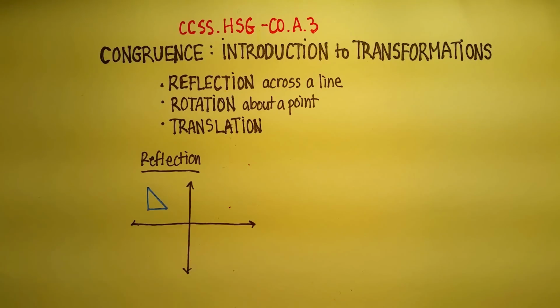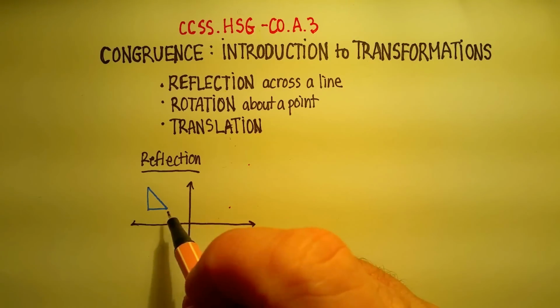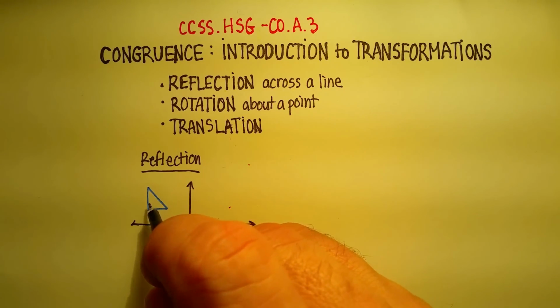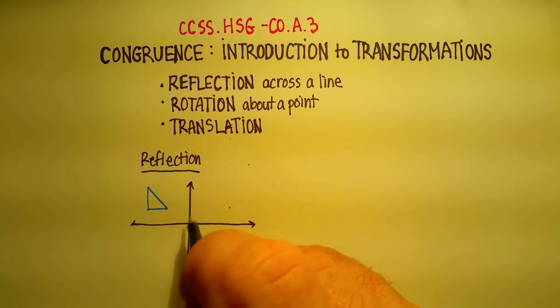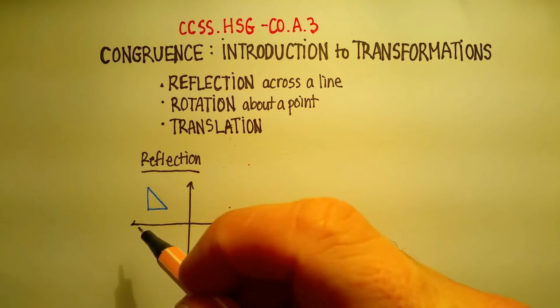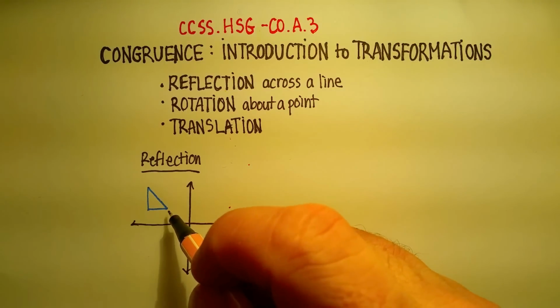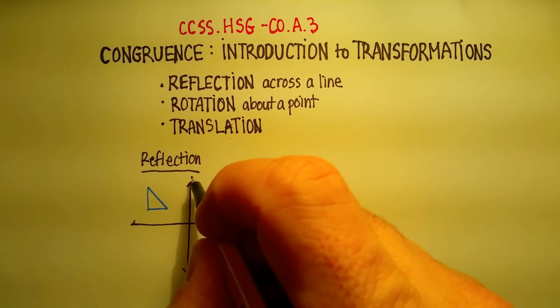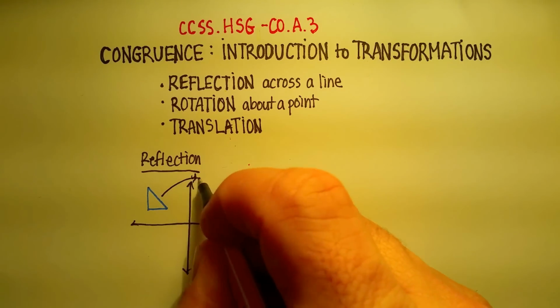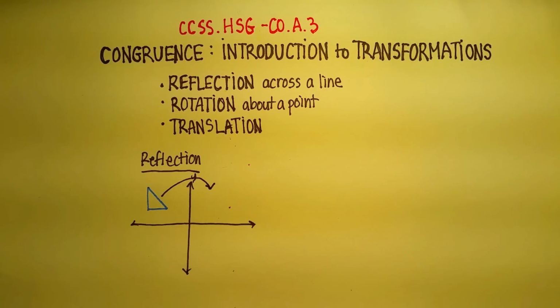Now, a reflection across a line is when I take this right triangle, and it's like I lifted it and flipped it across this particular line. It could be any line, actually. I could flip it across this line. I could flip it across a diagonal line, but I'm going to flip it across the Y axis, okay? And I'm going to flip it like that.